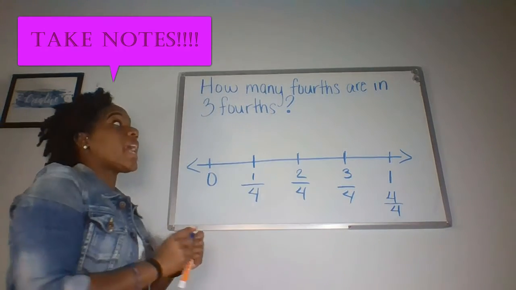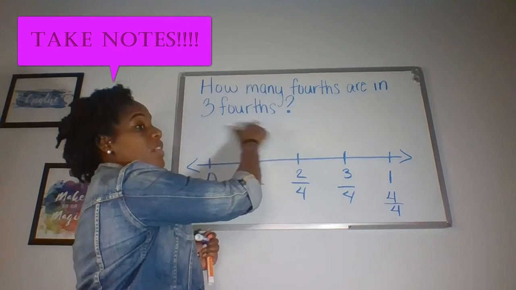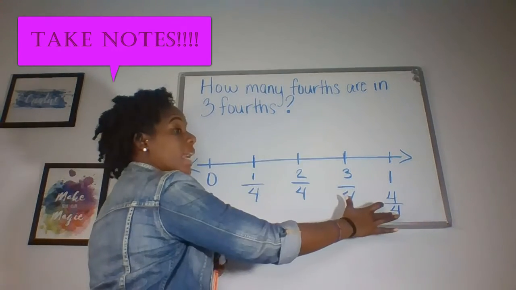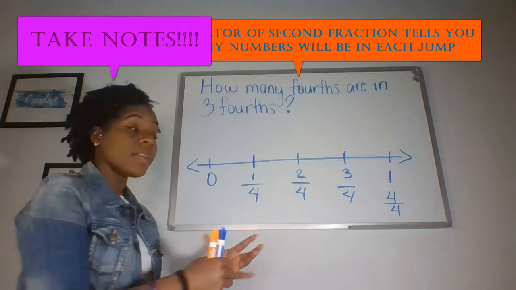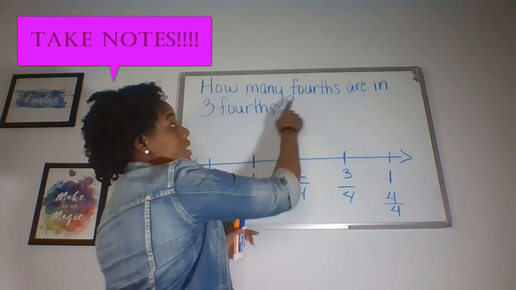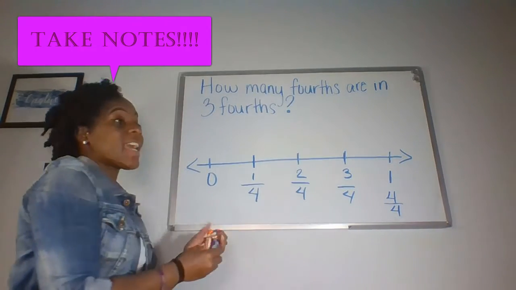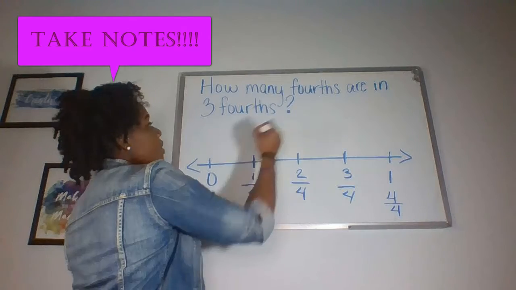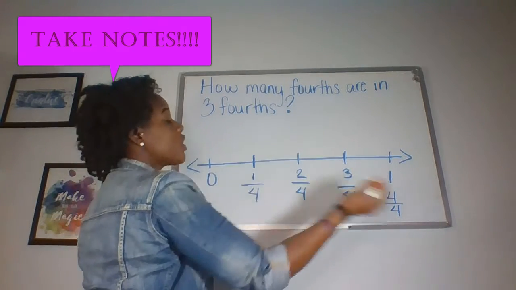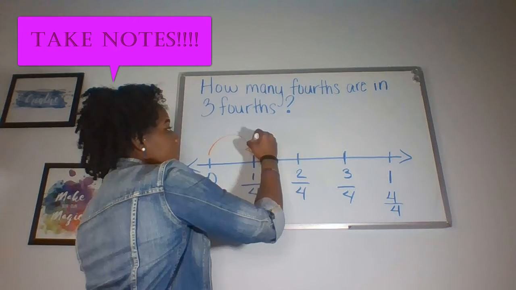Now with the number line, we broke this up according to what they gave us. The denominator was fourths, so I broke the number line up according to fourths. So it says how many 1/4 are in 3/4? The numerator for this one tells you how many jumps you can take. So that's 1 jump, that's 1/4.